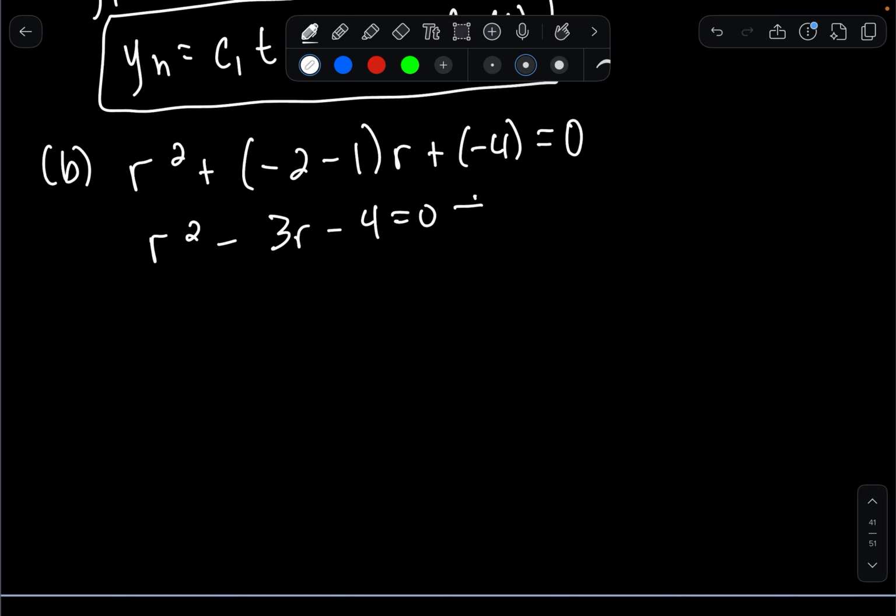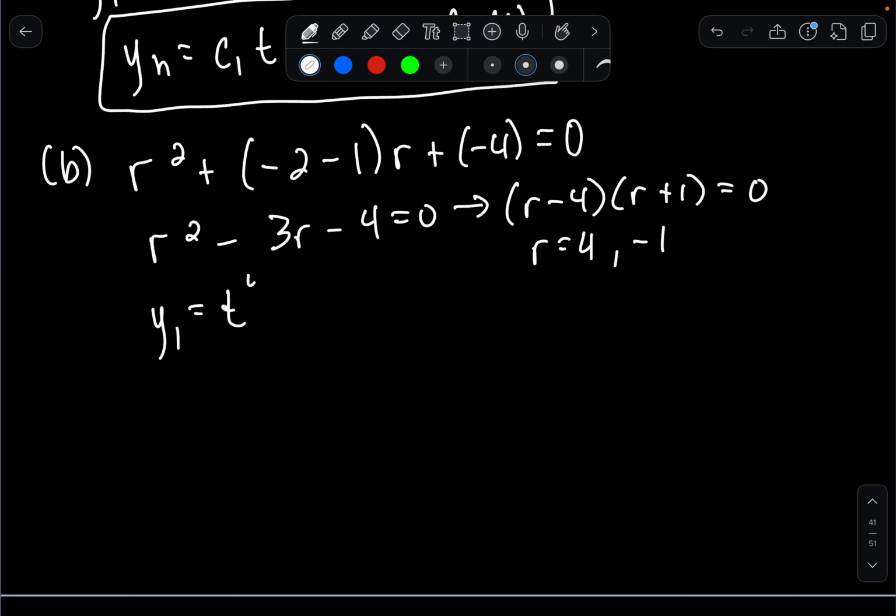This factors nicely, r minus 4, r plus 1. So our two roots are 4 and negative 1. So our two linearly independent solutions are t to the fourth and t to the minus first, which we're in the distinct case. These two solutions are linearly independent. So our solution is c1 t to the fourth plus c2 t to the minus first.